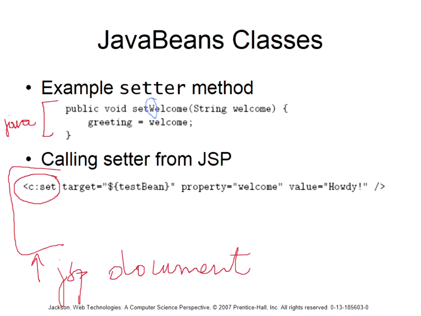Target equals testBean, property equals welcome, value equals howdy. Is it clear?